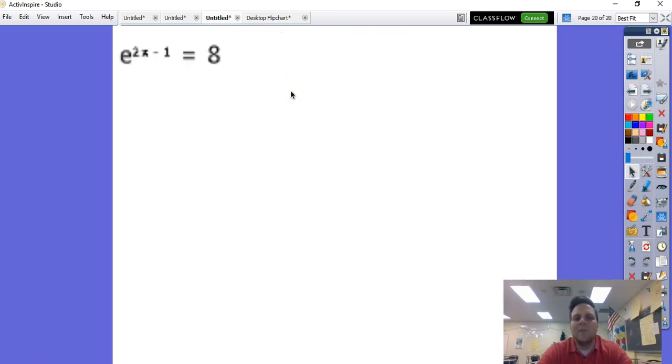Okay, looking at this problem, e raised to the 2x minus 1 is equal to 8. Alright, so first off, couple different things happening in this problem. This is an exponential problem. And the reason I know it's exponential is because x is in the exponent. To solve an exponential, you must change it to logarithmic.